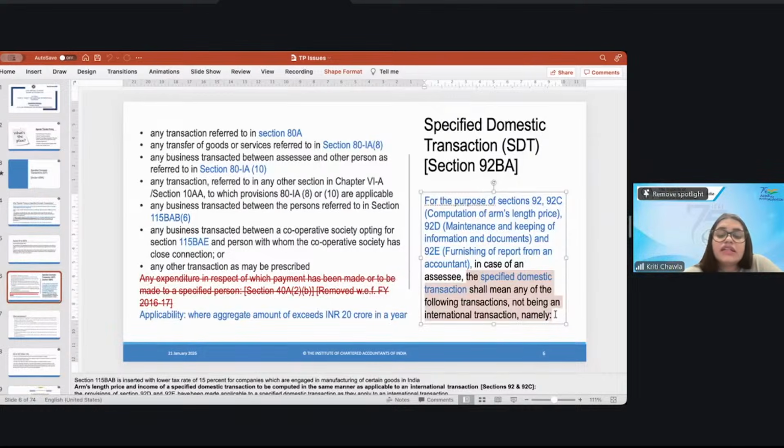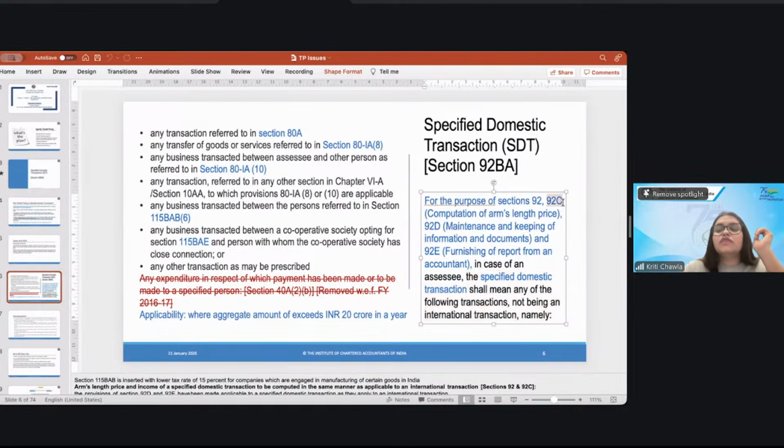So what they're really trying to say is that the arm's length price and income of a specified domestic transaction is to be computed in the same manner that you did for international transactions. Meaning you'll have to compute the arm's length price.